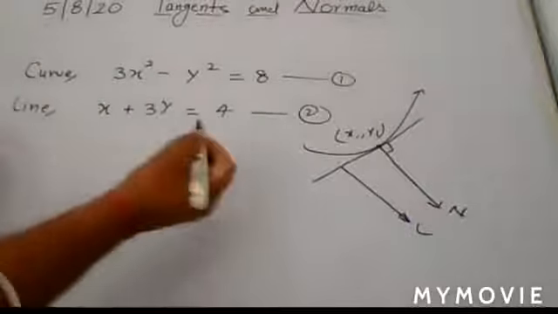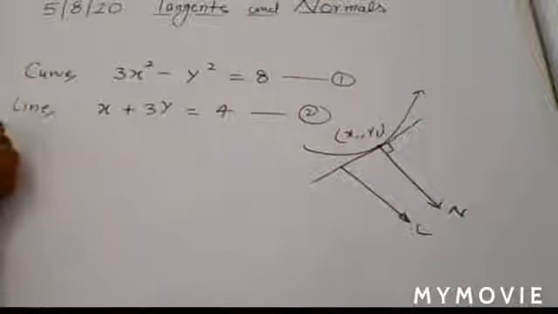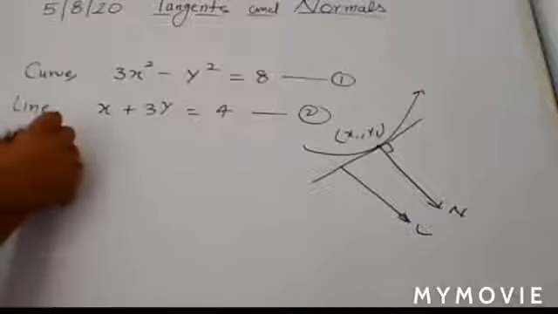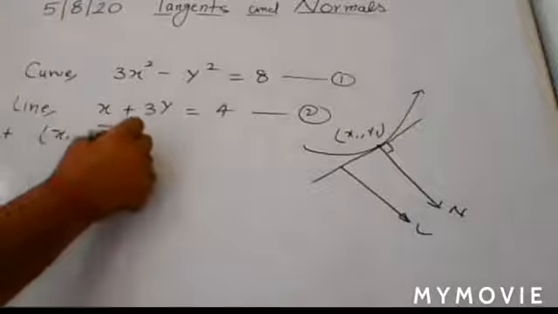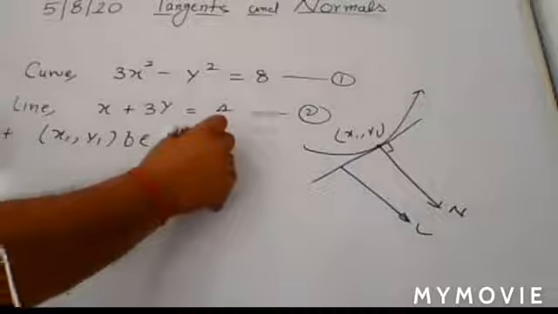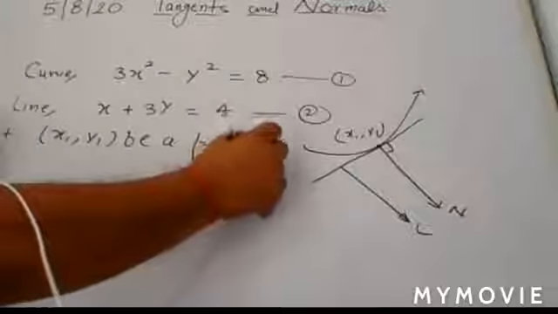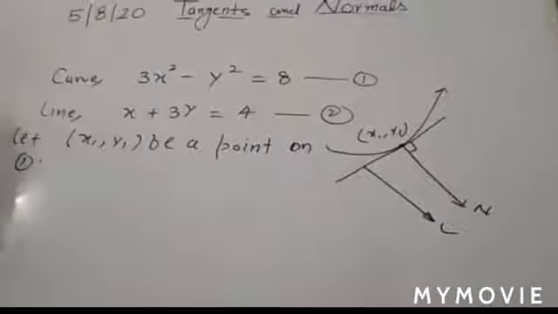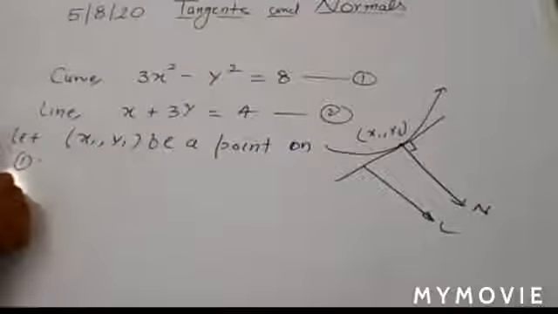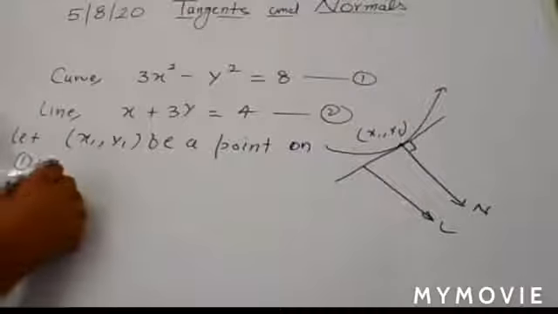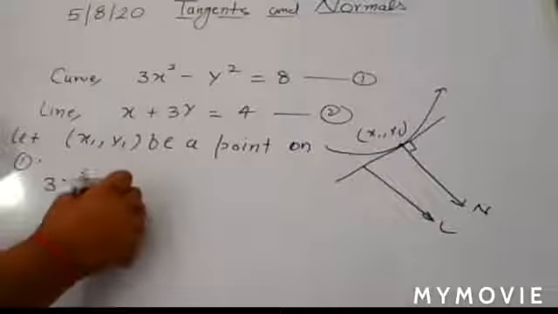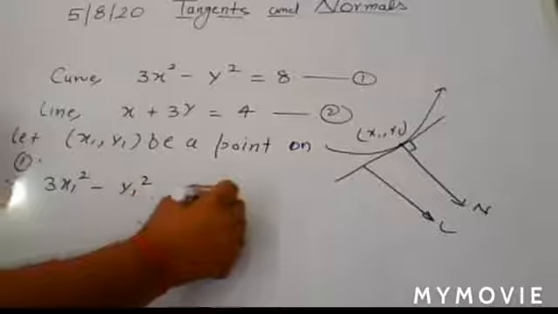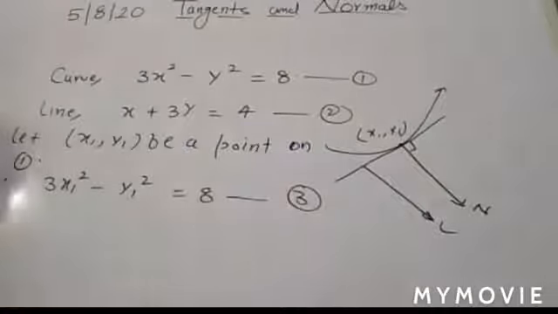Okay. So first of all, let x1, y1 be a point on 1. If the point lies on the given curve, it satisfies it, so you have 3x1 square minus y1 square is equal to 8. Suppose that is your third equation.